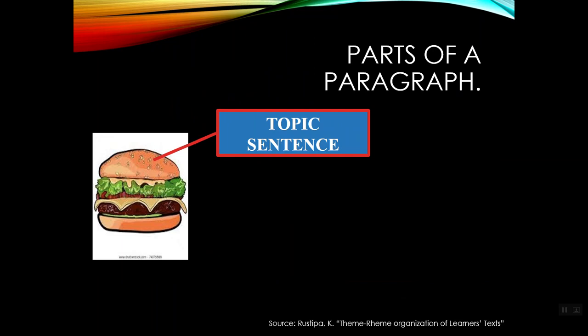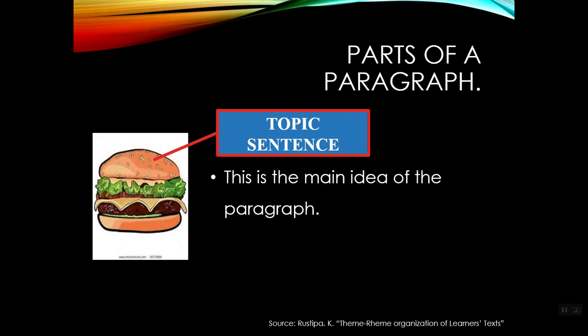So let me explain a little bit what the top bun, the topic sentence, is. The top bun tells us, if we look at the burger right at the top, you can see, aha, I know this is a burger. So a topic sentence tells the reader the main idea of the paragraph. Okay?